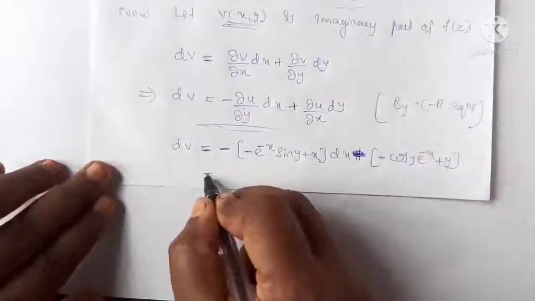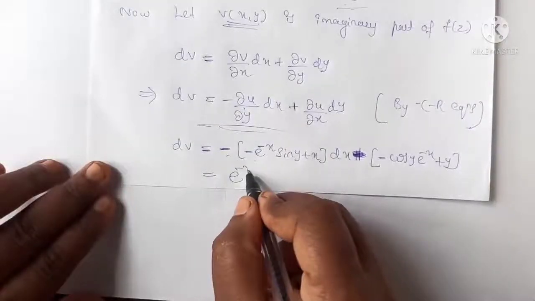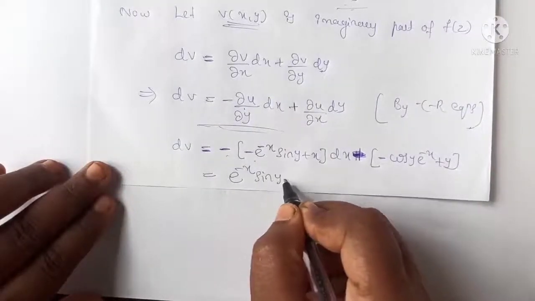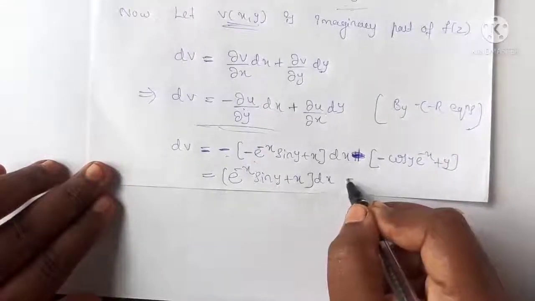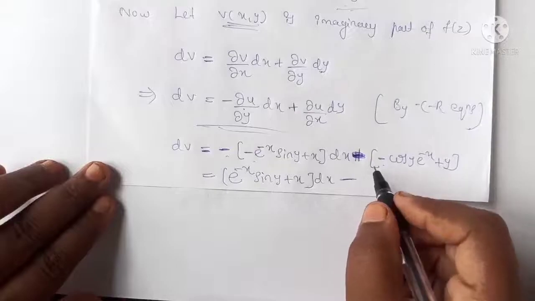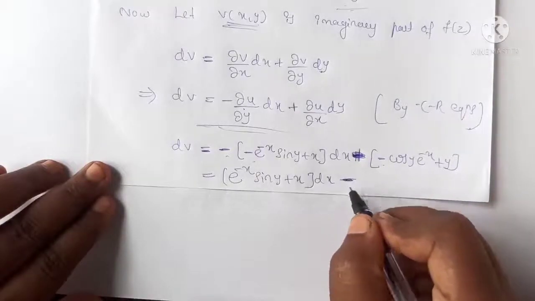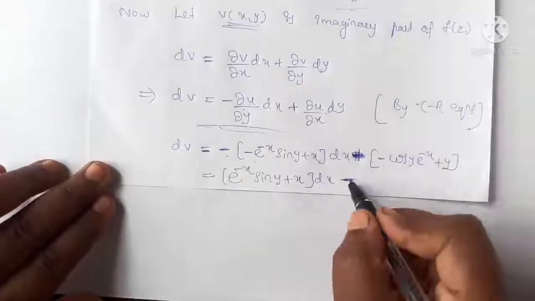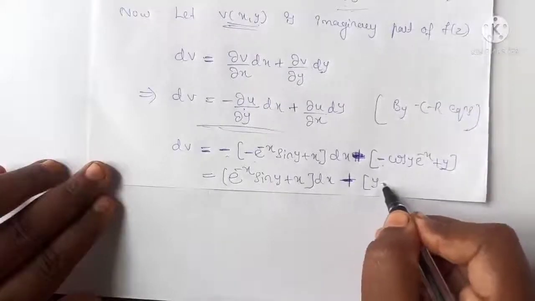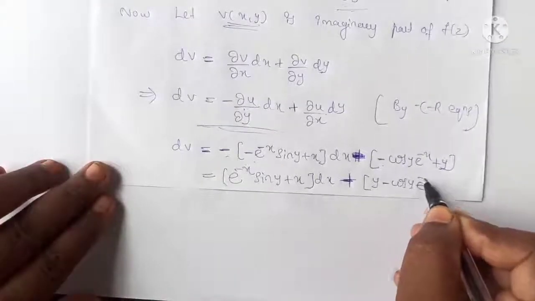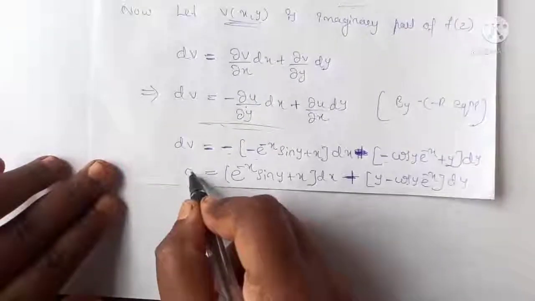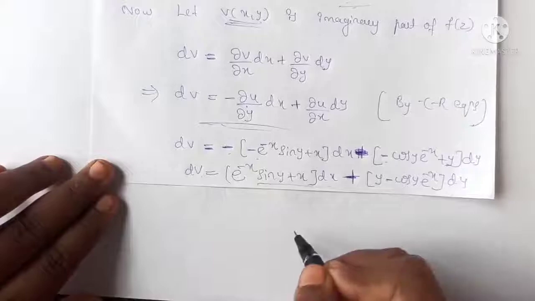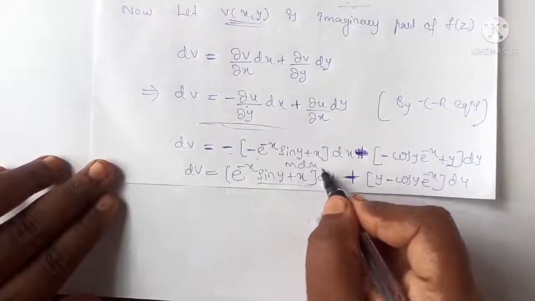Minus into minus gives plus, so we get e raised to minus x sin y plus x into dx, and plus into minus gives minus, so we write y minus cos y e raised to minus x into dy.